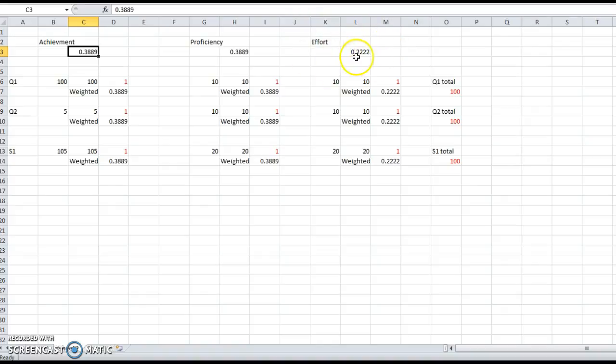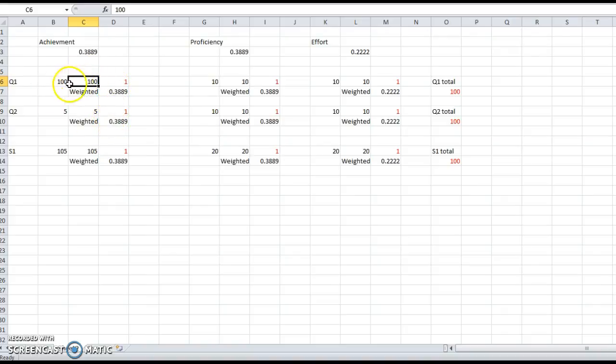This is the first requirement for it to be able to happen: one of the categories has to be lower than the other ones. In this situation, effort is worth less than proficiency and achievement. The second thing that has to happen to trigger this weird occurrence is that one of the quarters has to have way fewer points in a category than the other quarter.